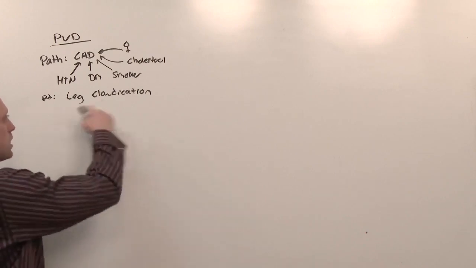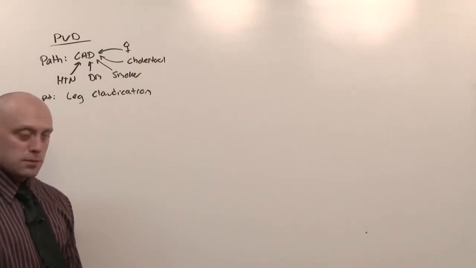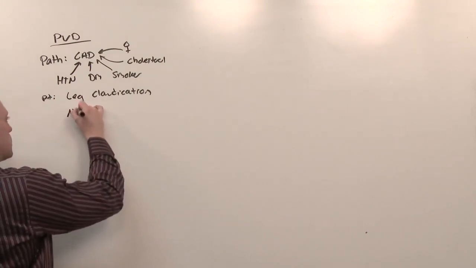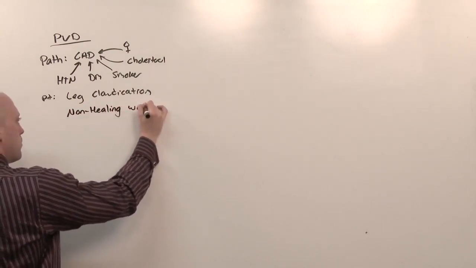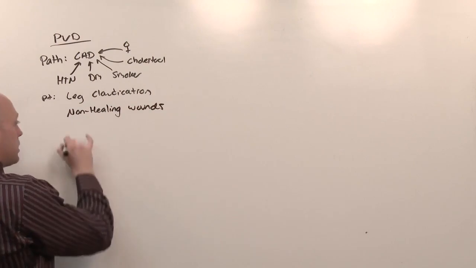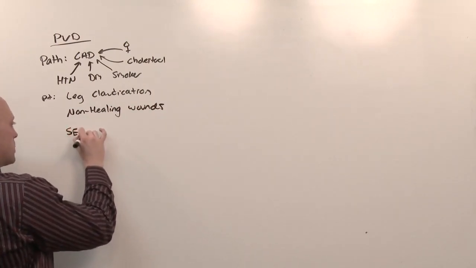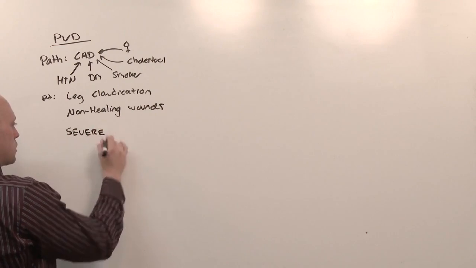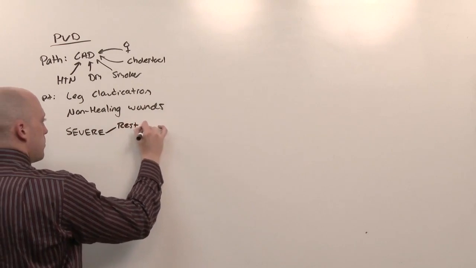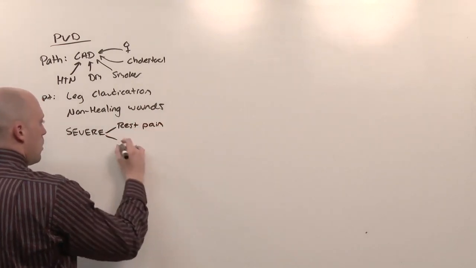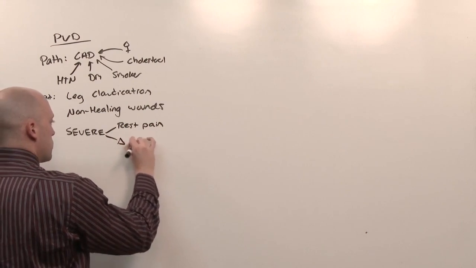But some people may not present with claudication, and most people do not. A lot of people are going to present with non-healing wounds. And if they are severe, and this is going to be more for the test than it is for real life, because very few people actually present this way, they're going to have rest pain, or they're going to have change with position.